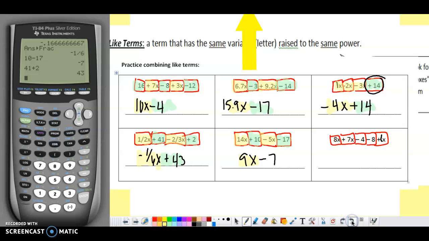I've got some x values I can put together: 8x plus 7x plus 1x. 8 plus 7 plus 1 gives us 16x. Our two back numbers are regular numbers, so we can put those together: negative 4 minus 8 is negative 12.